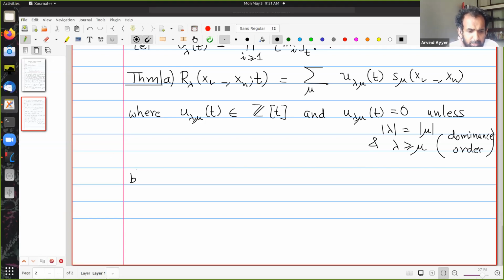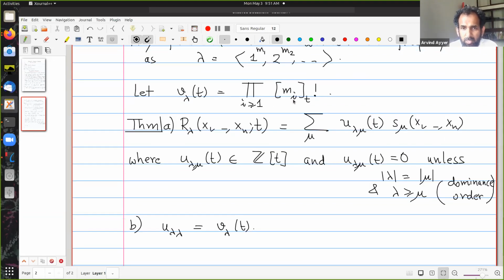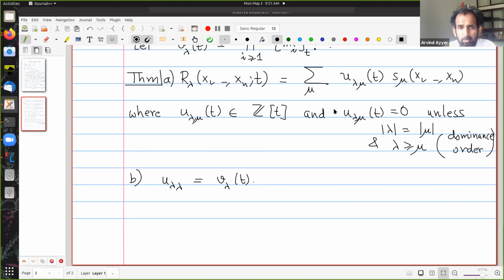But the second part is that u lambda lambda, the diagonal coefficient, is v lambda. This v lambda. Okay, so as I said before, I will skip the proof, but I will demonstrate all of this very soon.